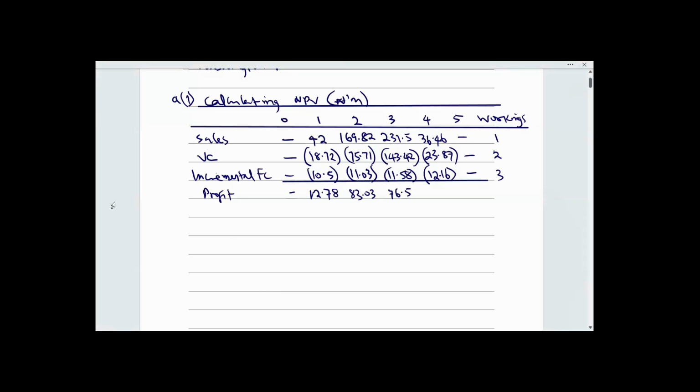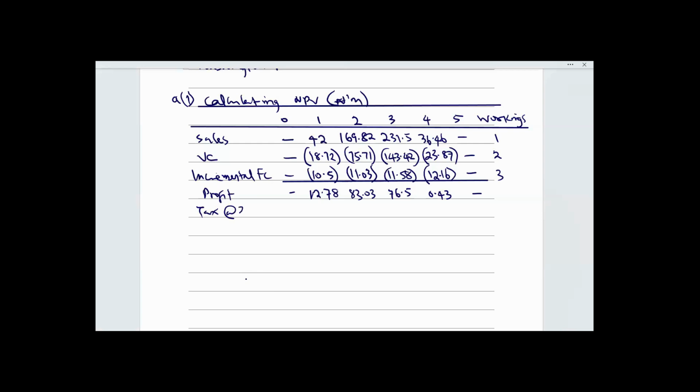Then year four: 36.46 minus 23.87 minus 12.16 equals 0.43. Then after profit, we determine tax liability.